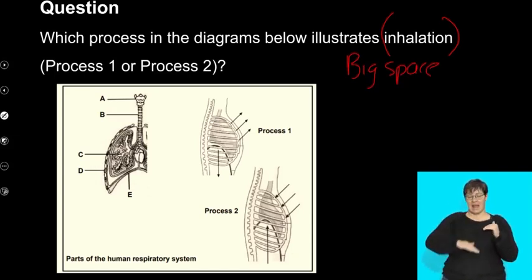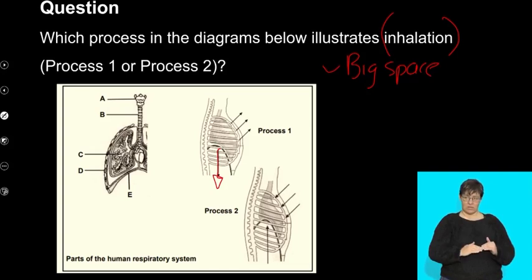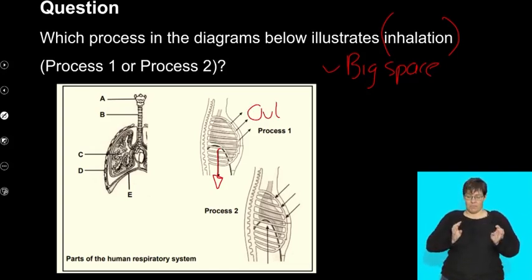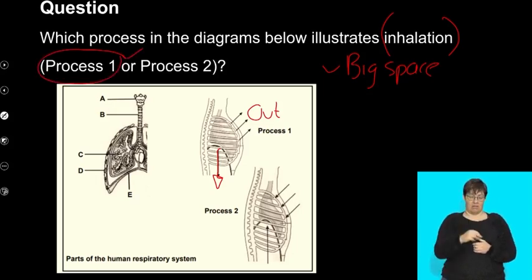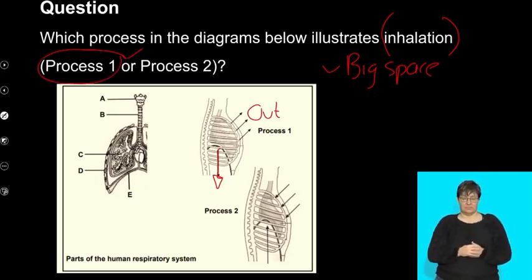Now, if we have a look at process 1, what does it tell us? That our diaphragm is moving down, bigger space, and that my rib cage is also moving out. So because I'm making more space, definitely process 1 is going to be my answer over there.